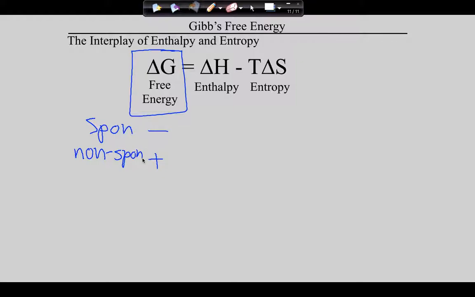Okay, now let's pick apart the enthalpy term. So guys, we understand that enthalpy is like unto heat. Negative is exothermic, positive is endothermic, right? So, if this is negative, that is exothermic.